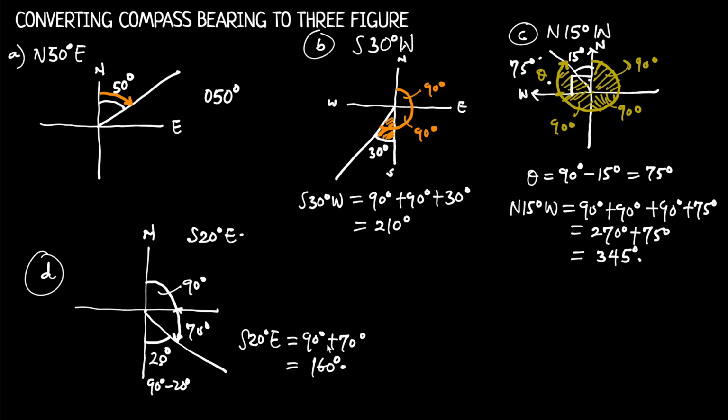This is how to convert from compass bearing to three figures. All you just have to do is make your reading properly, break down the angles along the way, the ones that you can easily figure out that are existing, like all of the 90s that we've come across, note them down, and the missing angle can also be calculated.